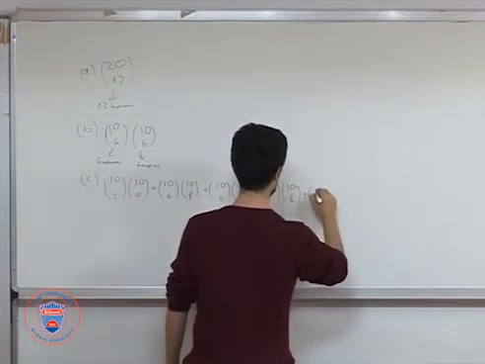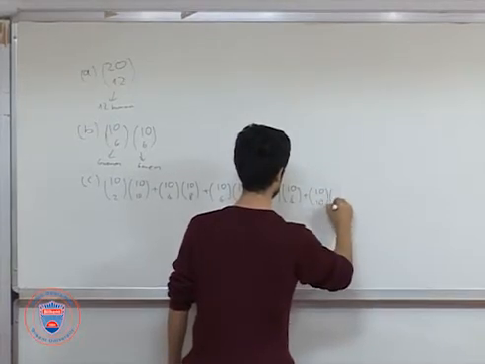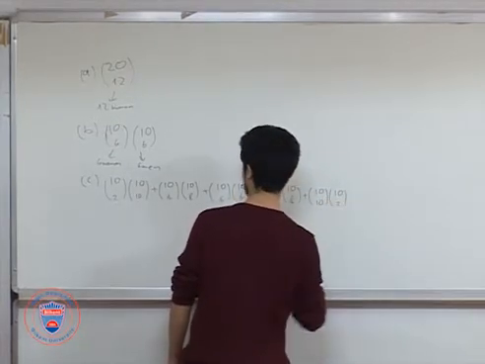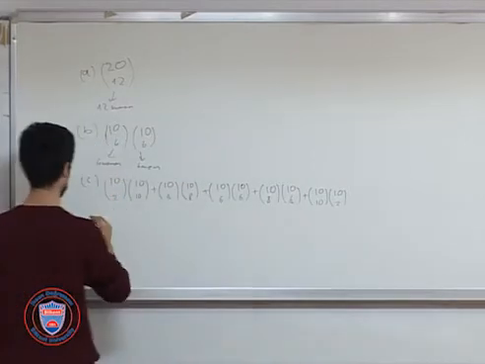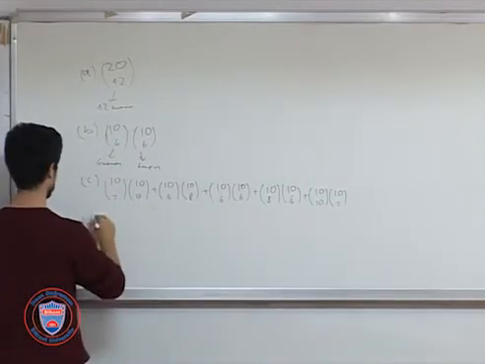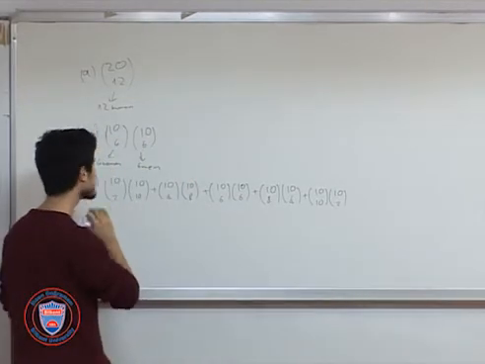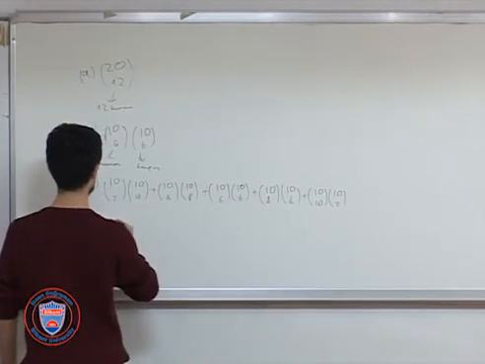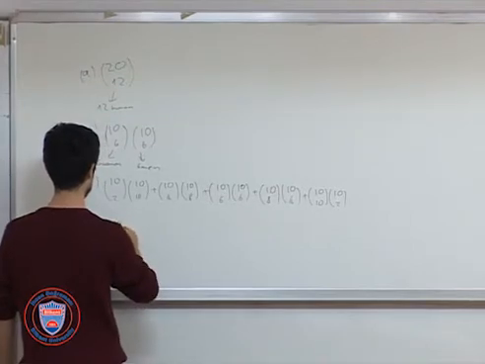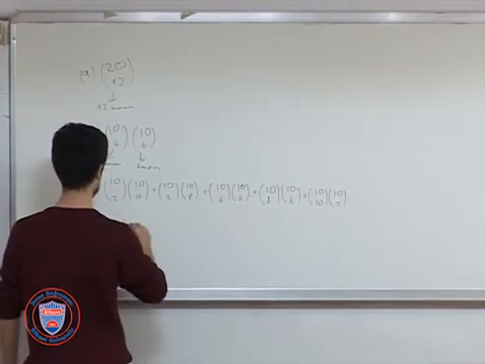You can have 2 women, 4 women, 6 women, 8 women, or 10 women. And then with those restrictions, you will have 10 choose 2 times 10 choose 10, and so on. And you have to add these because these are cases that are independent from each other.